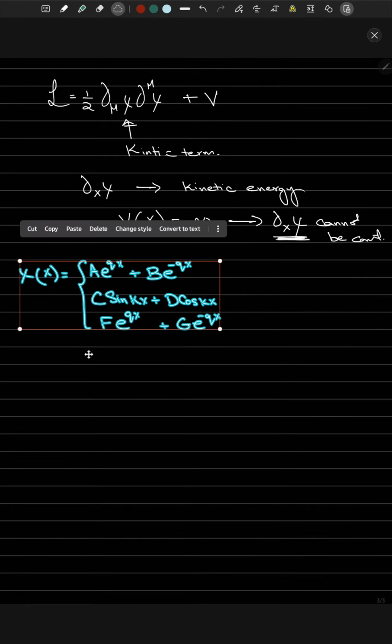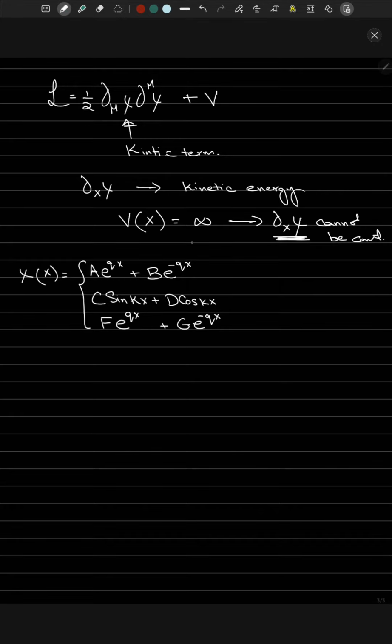And if I look at this wave function, we know that this one is for x less than minus a, this is for x between minus a and a, and this is for x greater than a. So this is for outside, this is for inside, and again this is for outside. If I put these values of x in these expressions for outside the well, let me write them down.